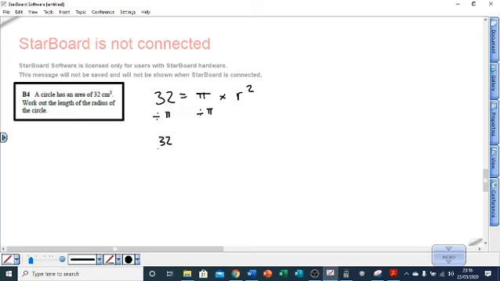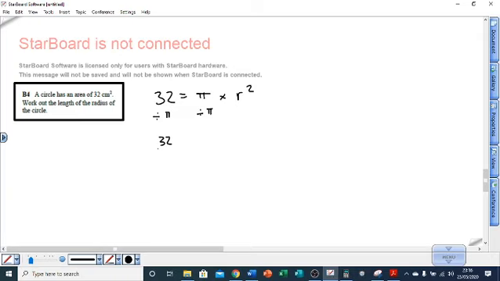Press equals, and we get 3.19. It's a length. If the area is in centimeters squared, the radius will be in centimeters, and that is done to 2 dp.